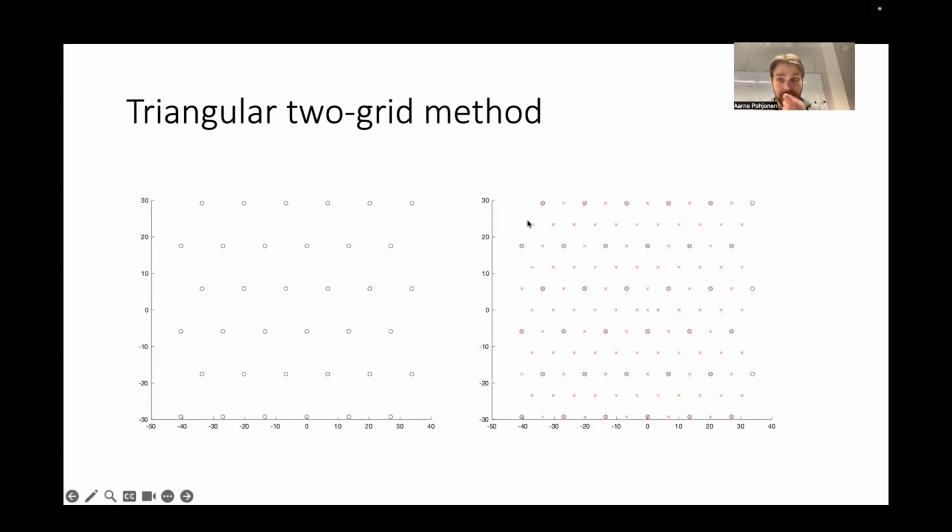The interpolated grid and the original grid points are shown in this figure. The original grid is the black circles, and the interpolating grid is the red crosses, which is the denser grid that includes both the original sparse grid and the interpolating grid points.